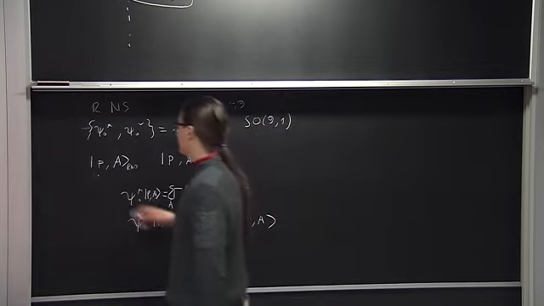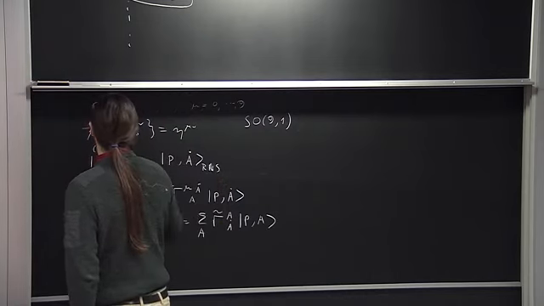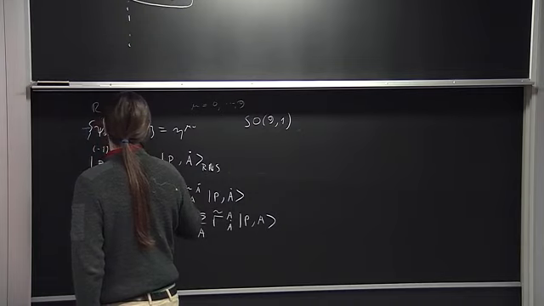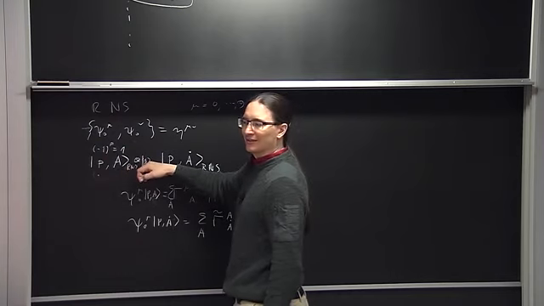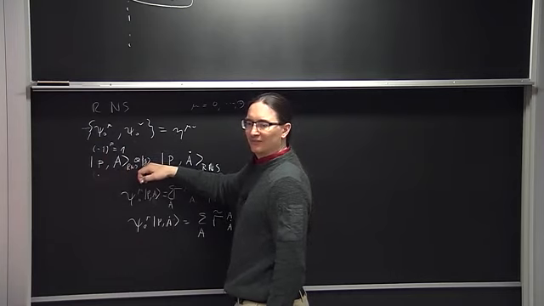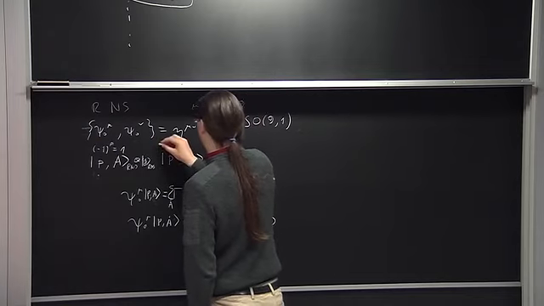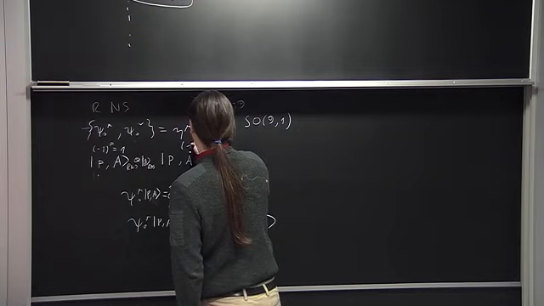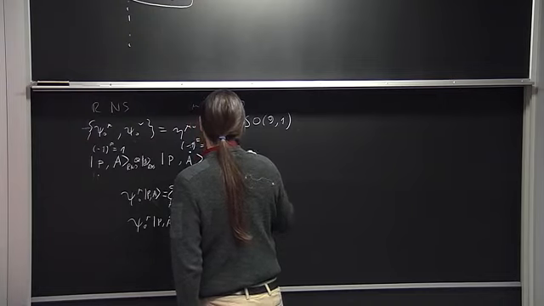So let me pick the convention that (-1)^F is +1 on these states combined with the ghosts, with the Ramond sector of the ghosts, and (-1)^F is -1 for these combined with the ghost.